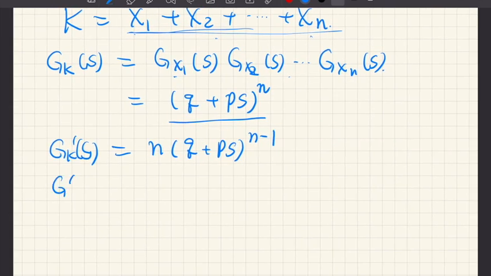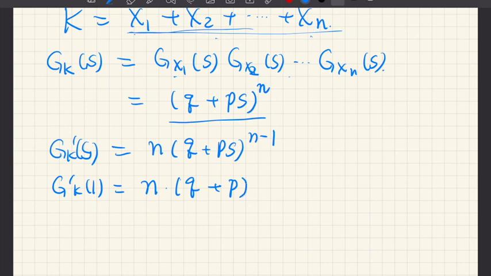Then if we put s equal to 1, we have n(q plus p) to the power of n minus 1, times p.